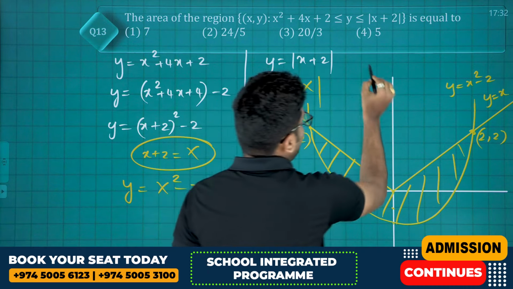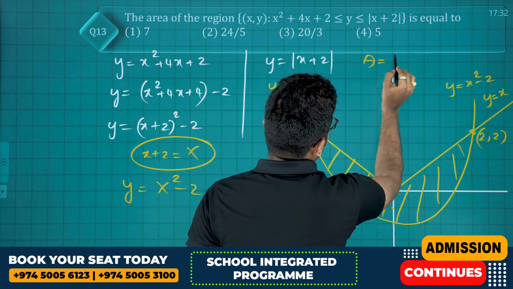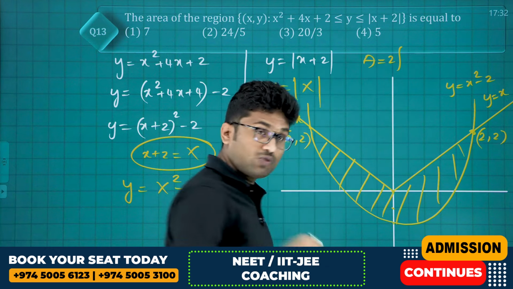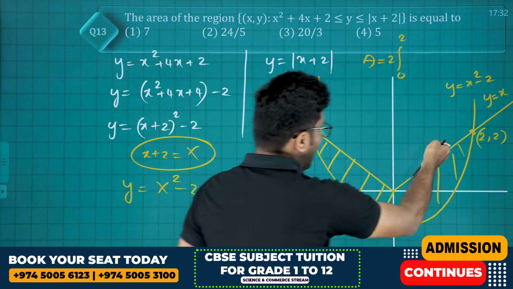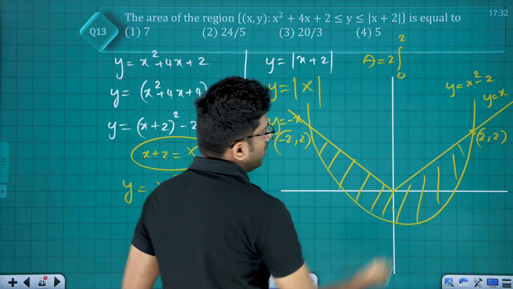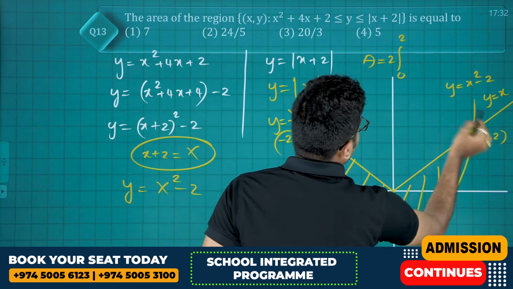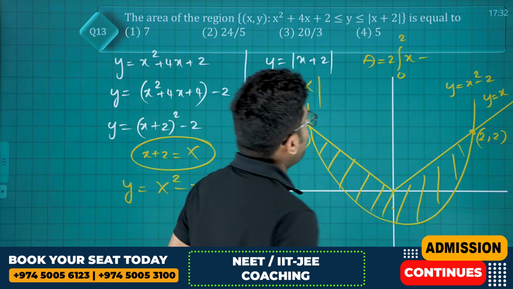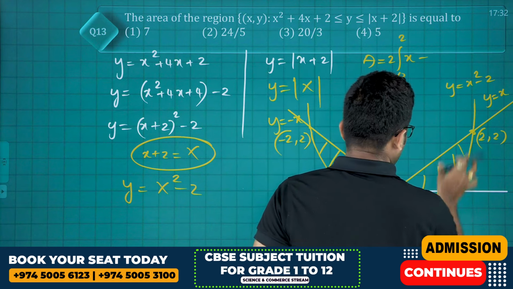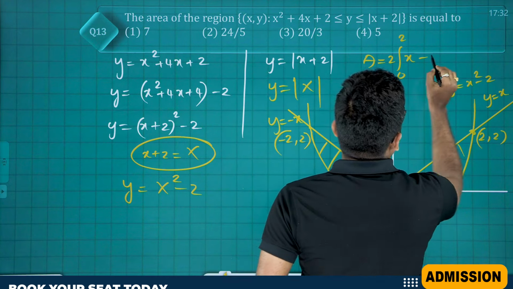or you can take directly, you can write A equals twice, from 0 to 2, line minus parabola. What is the line? The line is y equals X. What is the parabola? X square minus 2.